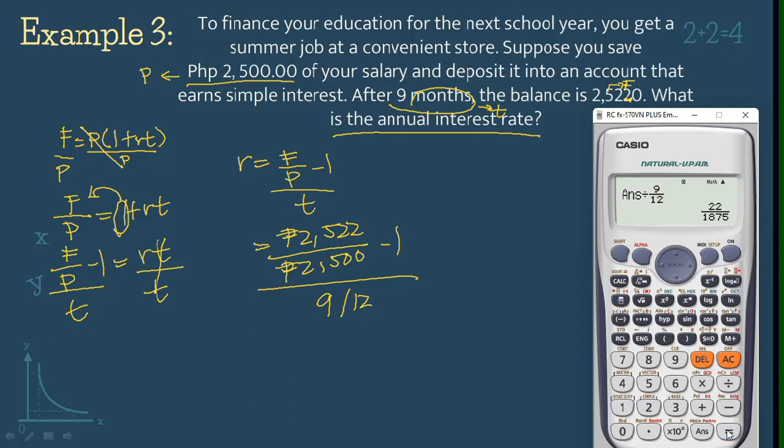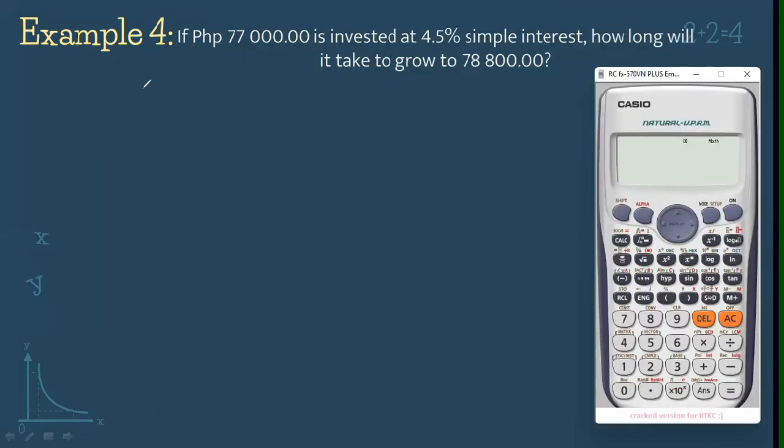So that will give us 0.011733, which is also equal to 1.173%. So for example number 4, we have 77,000 is invested at 4.5% simple interest.